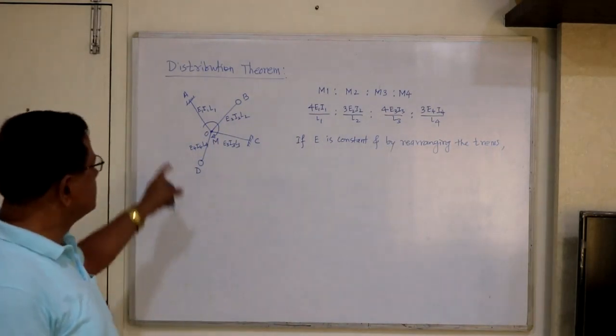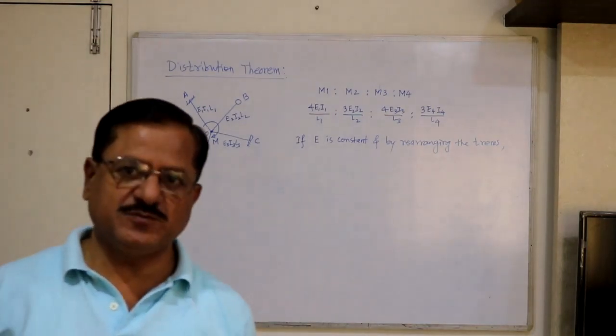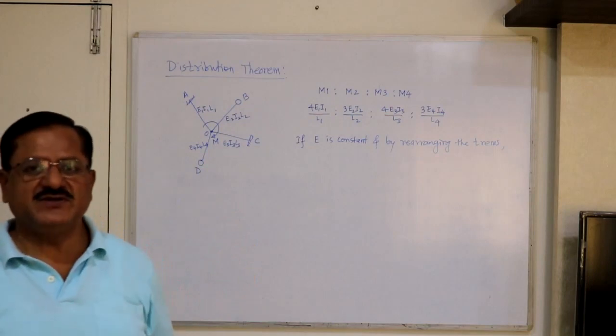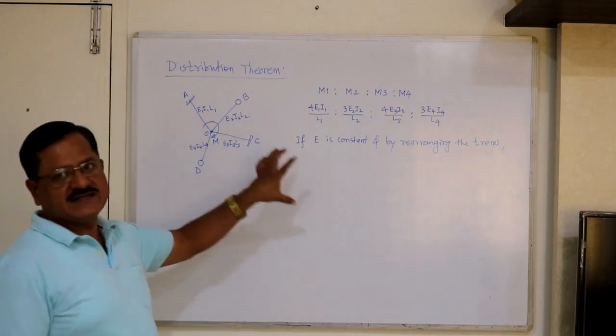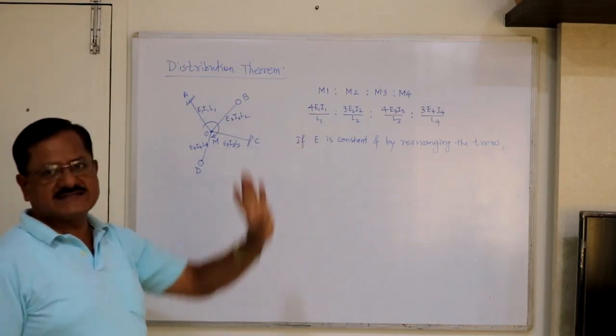Why? Because the modulus of elasticity depends upon the type of material. Generally all the beams are of the same material. They may be of steel, they may be of concrete, whatever it is, but if the material is the same, E is constant, and if E is constant, it gets eliminated.